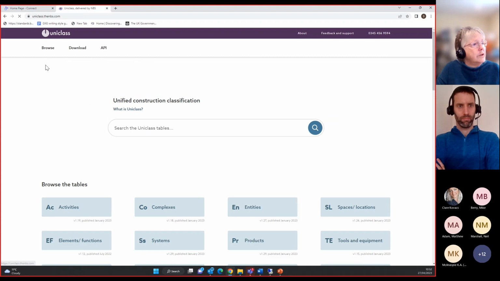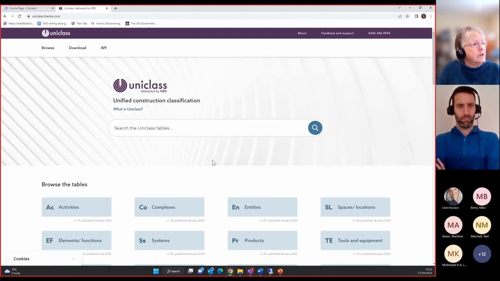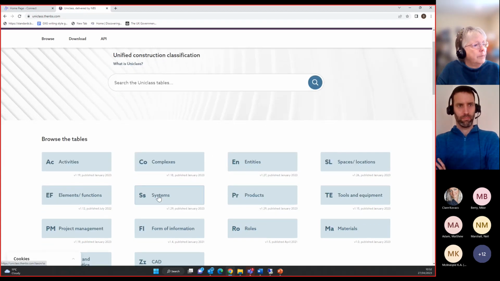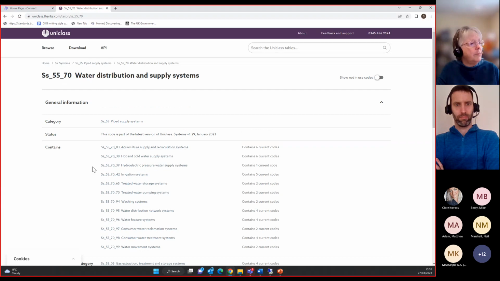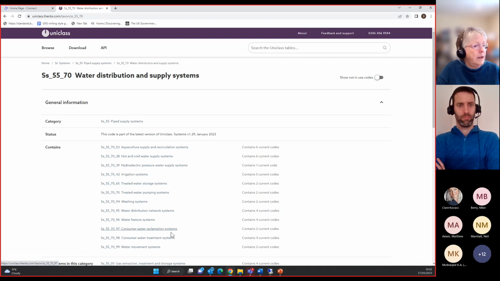One area that hasn't been described in more detail, or let me just have a look at this. We've got the pipe supply, and here again you've got all these different types of pipe supplies. So water distribution and supply is one of the key areas here, and the ones that are not likely to be your responsibility are the consumer water reclamation systems and the consumer water treatment systems.